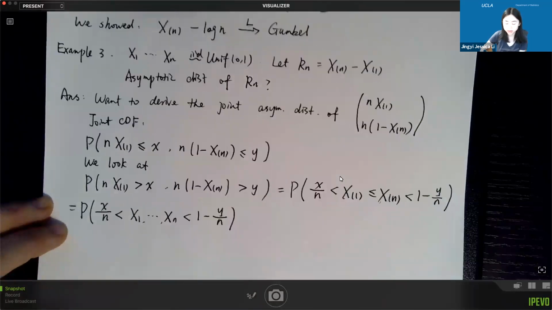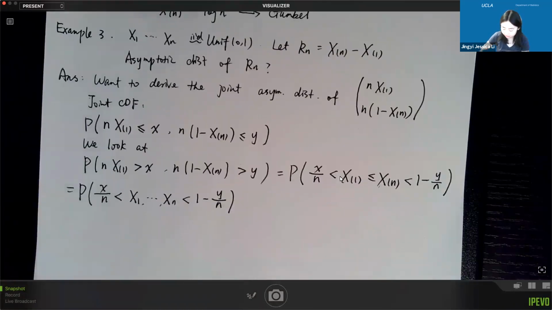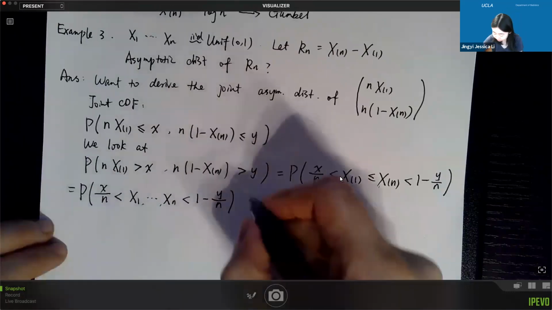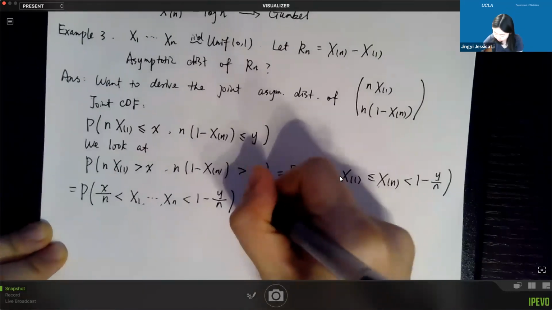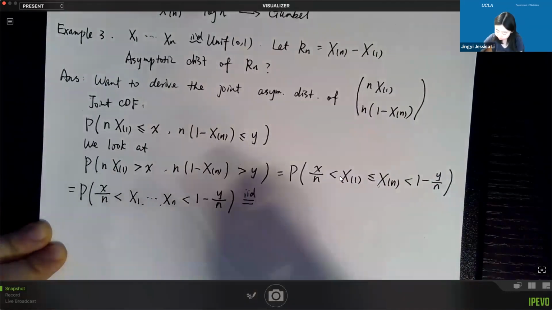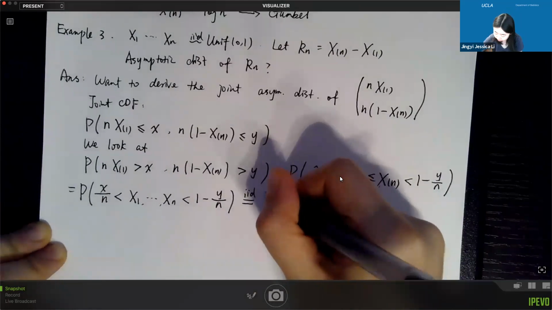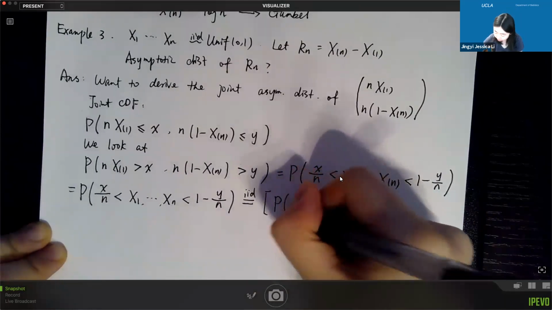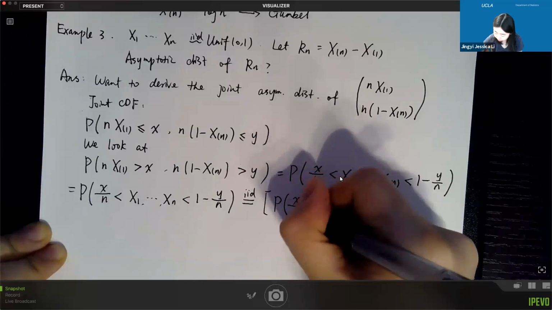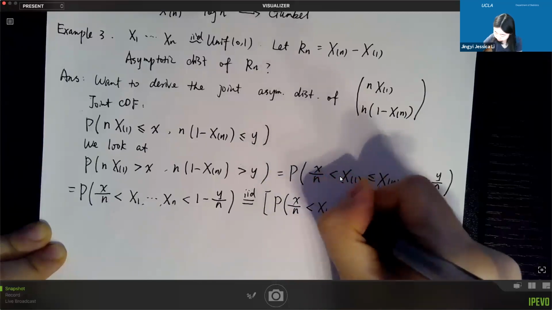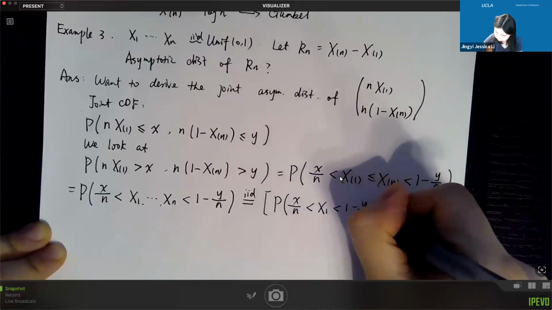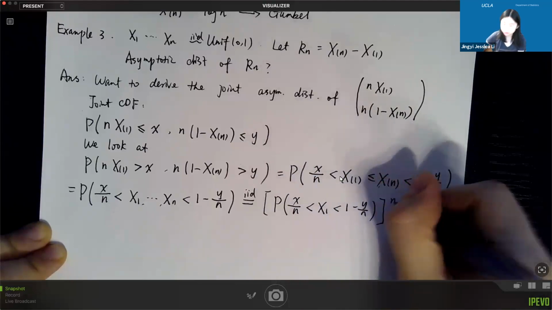So each of them is between these two numbers. And then we use i.i.d, right? i.i.d gets into play. That will give me the probability of x1 being between these two numbers, raised to the power n.